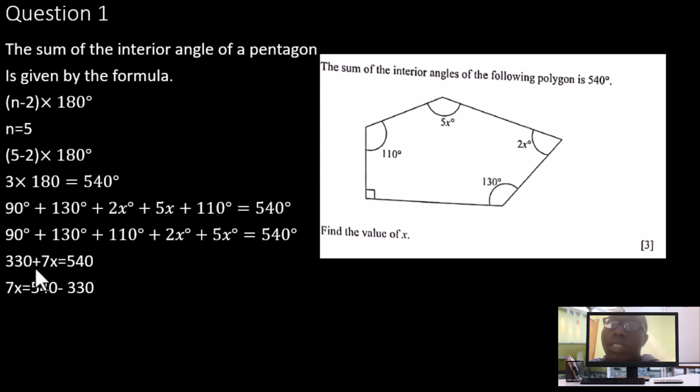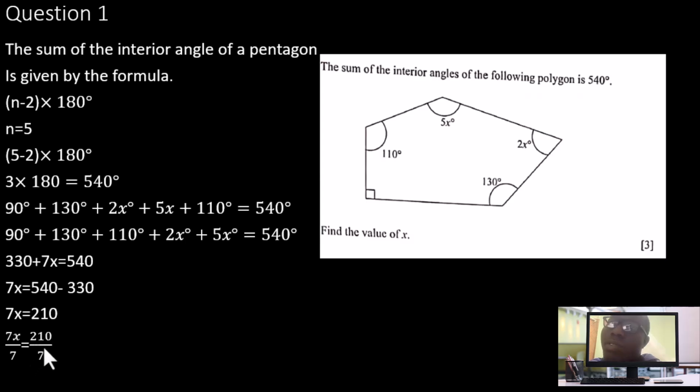So when this 330 crosses the equal sign, it becomes negative, and we have 7x equals 540 minus 330. To find the value of x, we divide both sides by 7, so the 7 cancels and we remain with x.